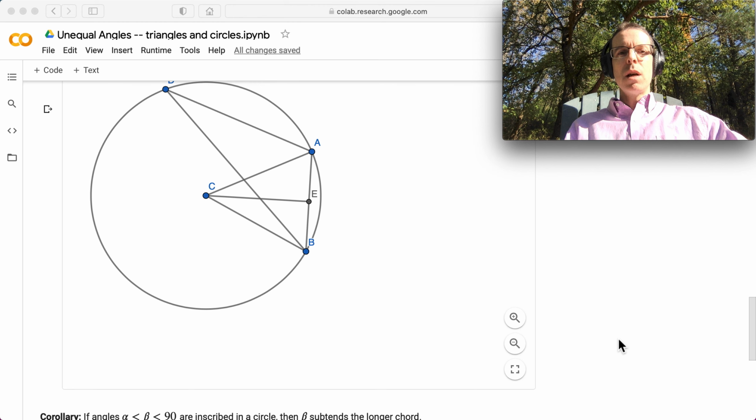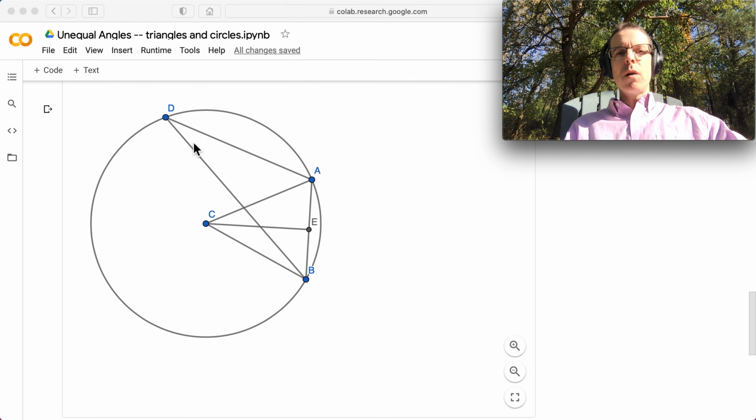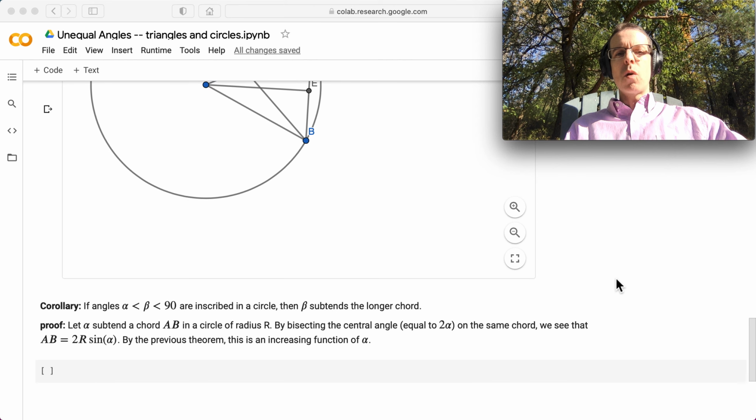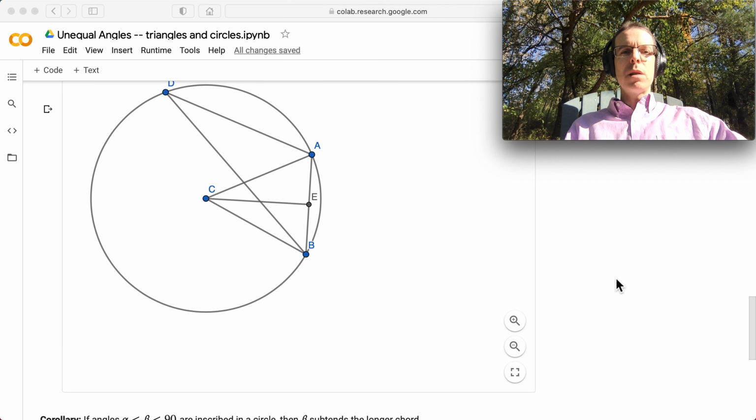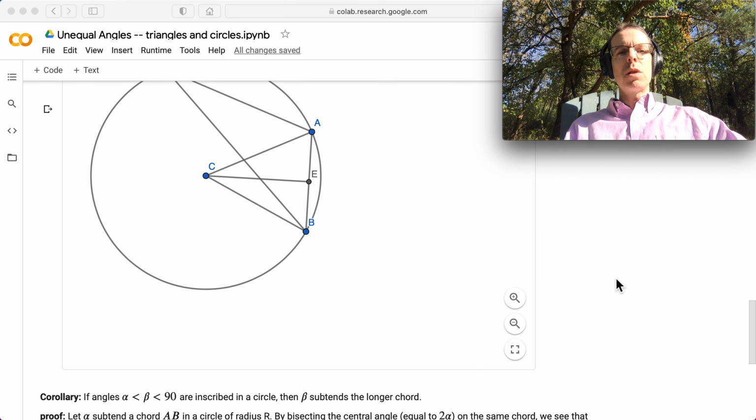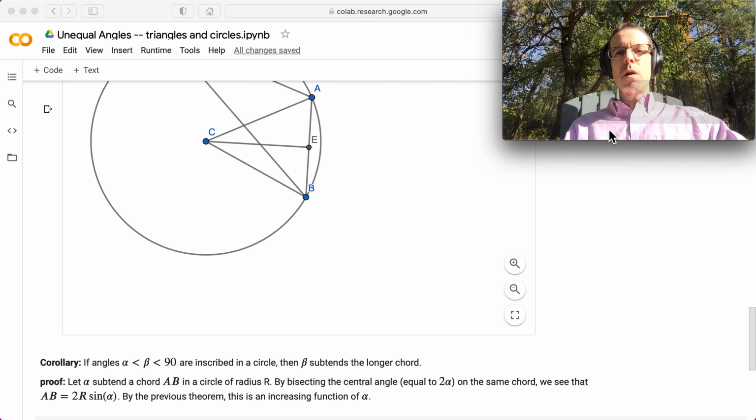And that demonstrates that a larger acute angle inscribed in a circle will subtend a larger chord on that same circle. So these are our various length and angle inequality relationships that we needed to prove, and these will be used in order for us to give a simpler proof of the Steiner-Lehmus theorem.